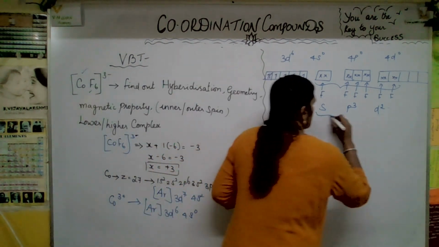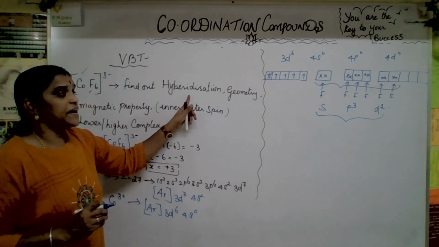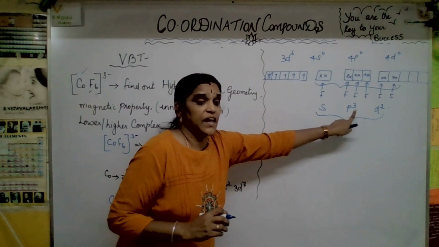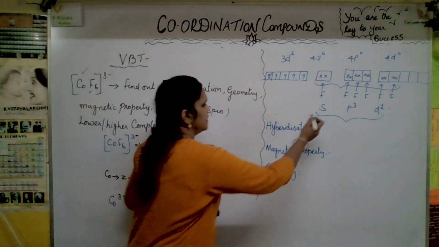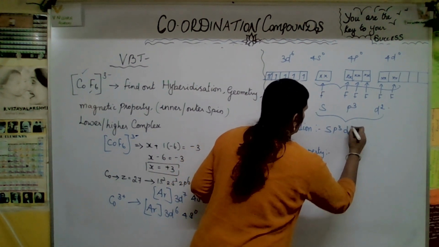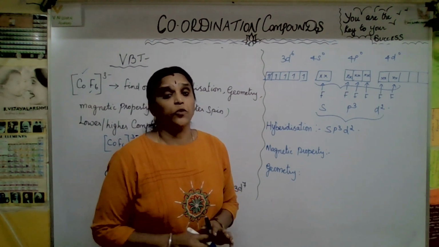Now come to this point. What are the points they are asking? Here, hybridization. You got that hybridization? sp3d2. Now, magnetic property, how to identify?